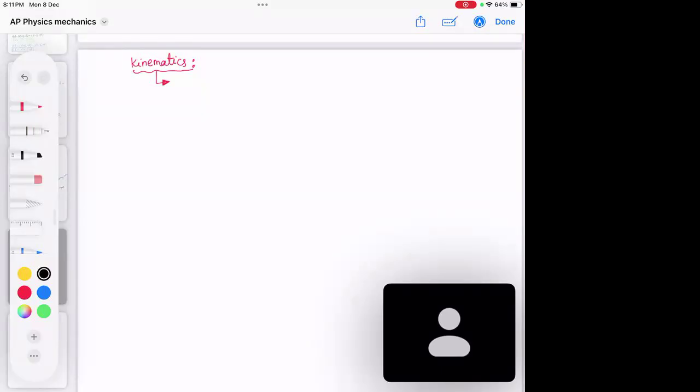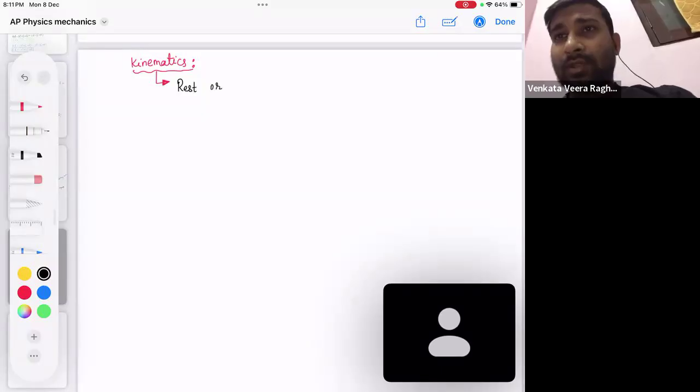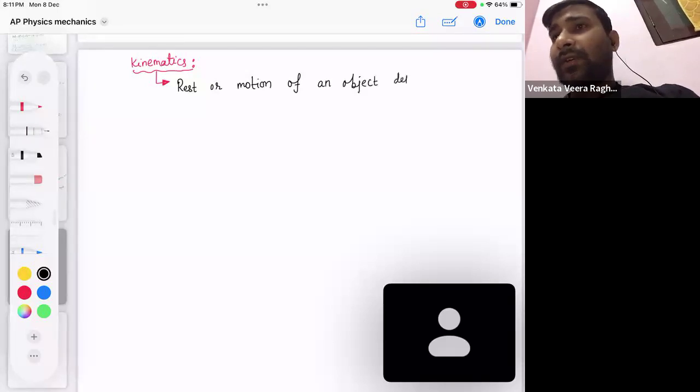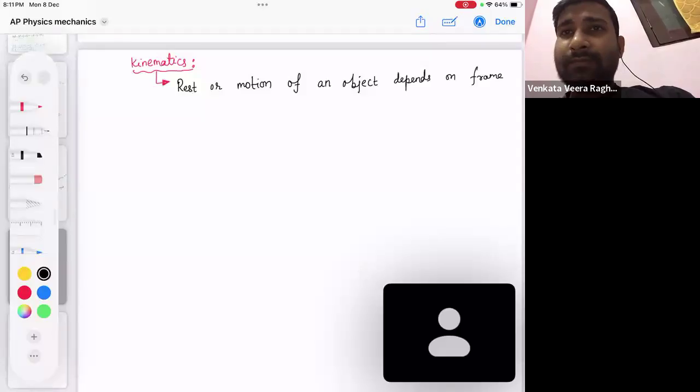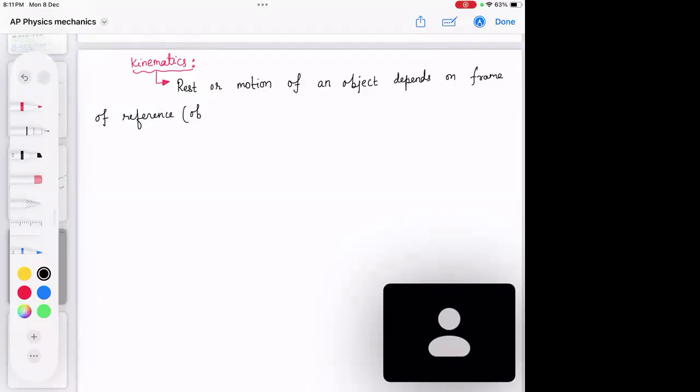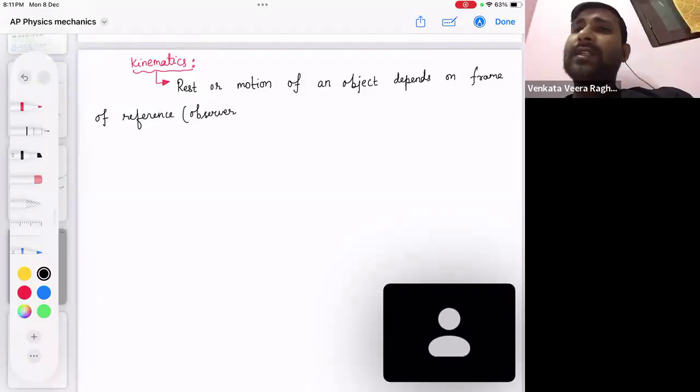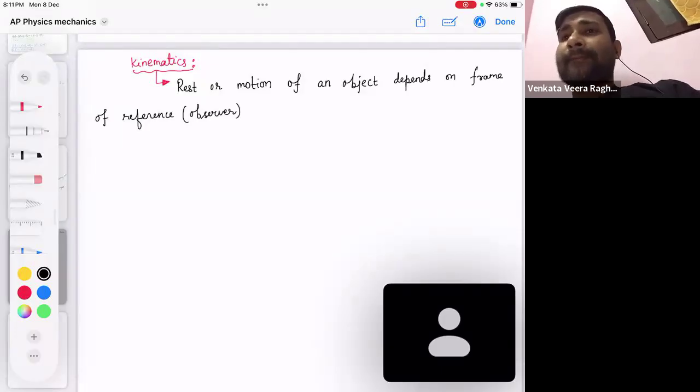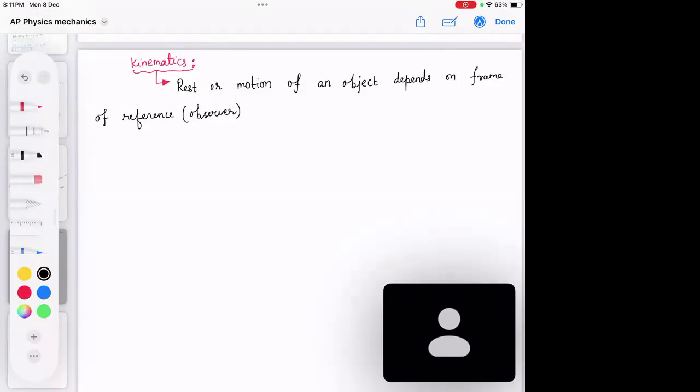So let me first write it here: rest or motion of an object depends on the frame of reference.